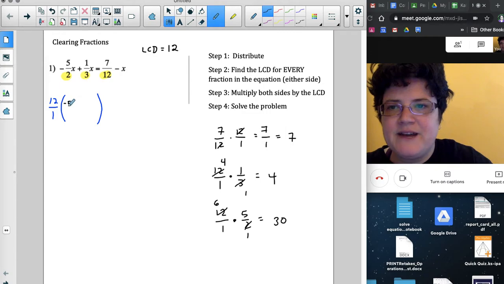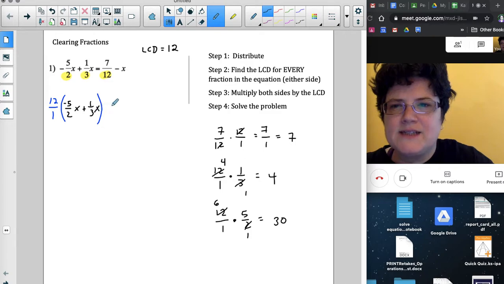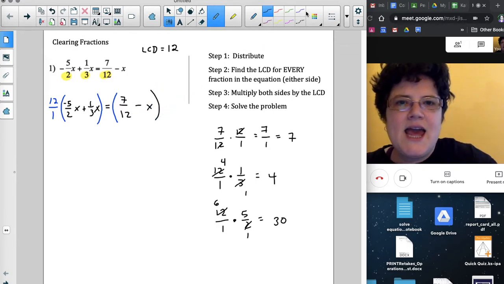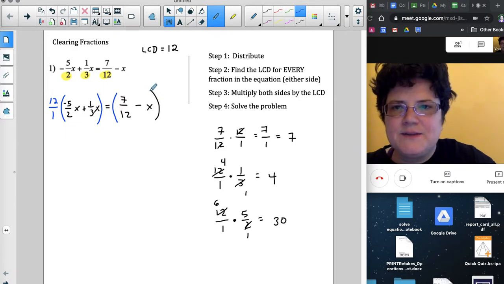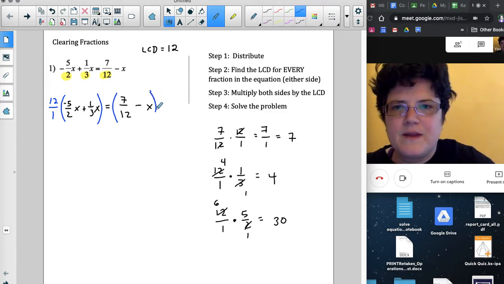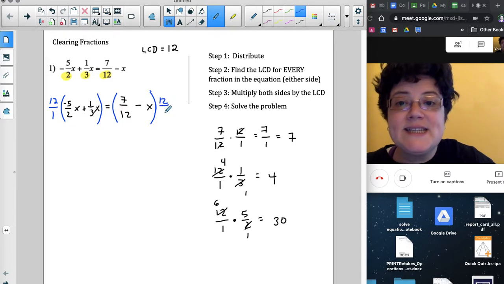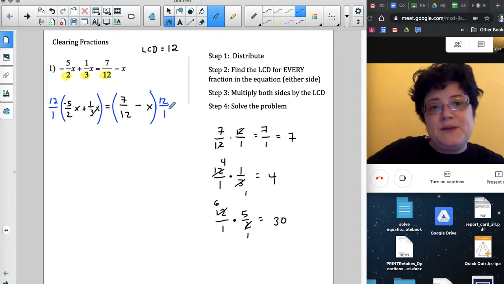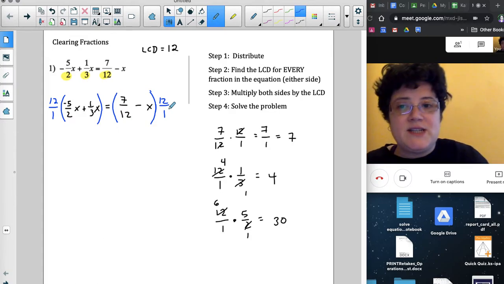So negative 5/2 x plus 1/3 x equals, and then I'm going to take this whole right-hand side of the equation, 7/12 minus x, and I'm going to multiply that side also by 12 over 1, because this is an equation. I've got to keep myself in balance. If I multiply one side by 12, I have to multiply the other side by 12.